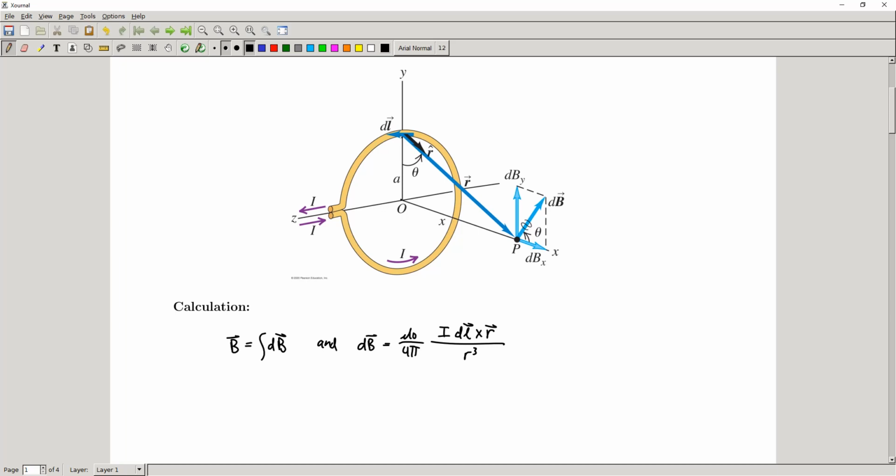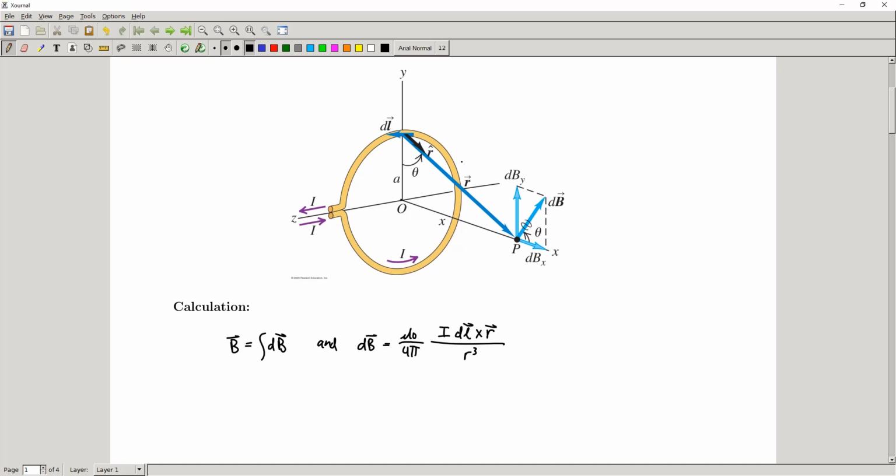Here the dl sits in such a way that it points only in the positive z direction, the k hat direction. But as it starts rotating around, it's going to point a little bit in the negative y hat, or negative j hat direction, and then it's going to end up pointing just in the negative j hat direction, and then it'll start pointing a bit in the k hat and negative j hat direction as it rotates around. There's going to be a sort of complicated thing to keep track of.